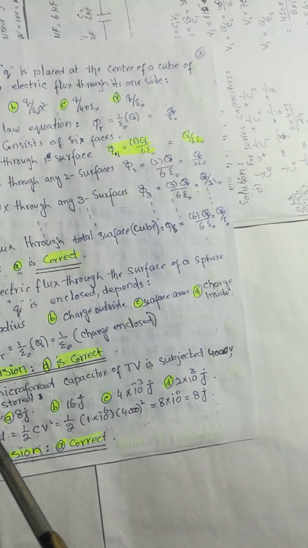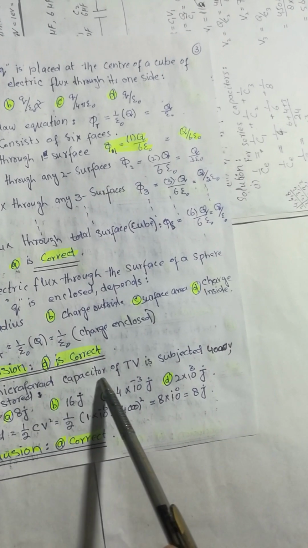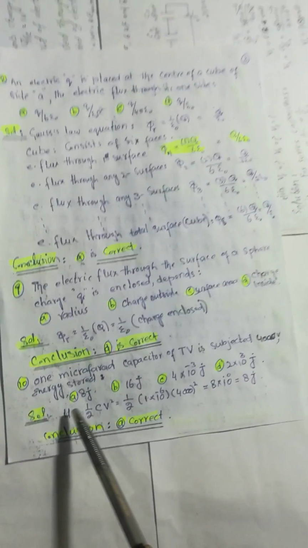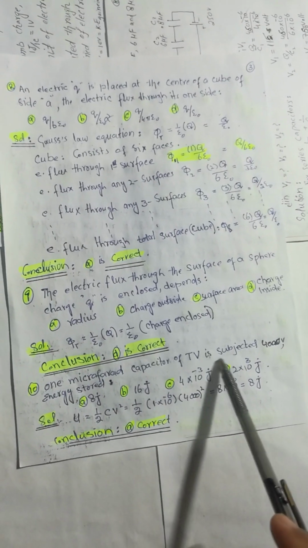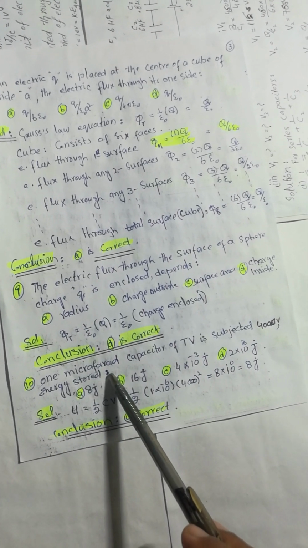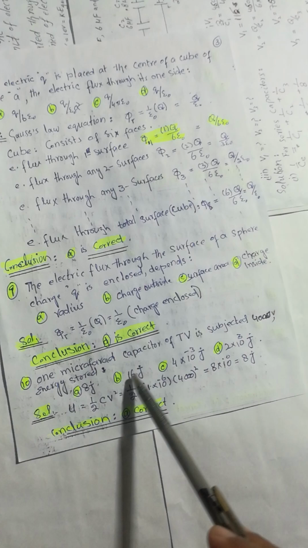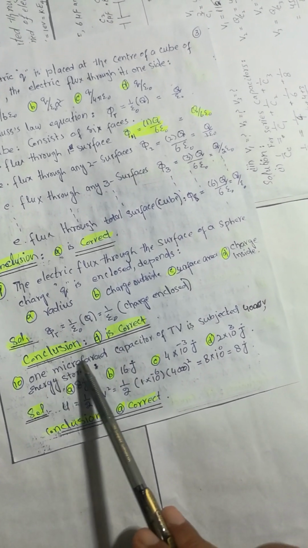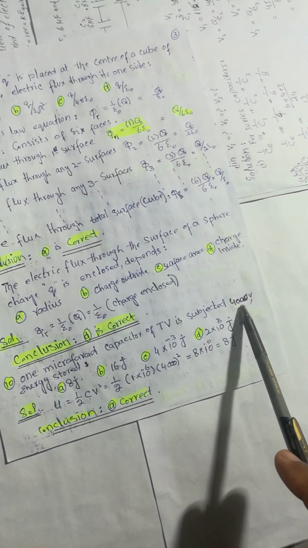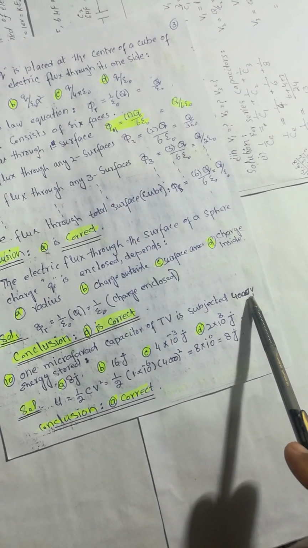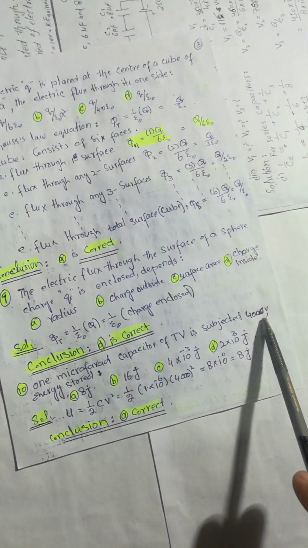Now let's come to question number 10. A 1 microfarad capacitor is subjected to 4000 volts. The energy stored will be, and four options are given. Here you see the capacitance is given, and the second thing given in the data is the 4000 volt electric potential.